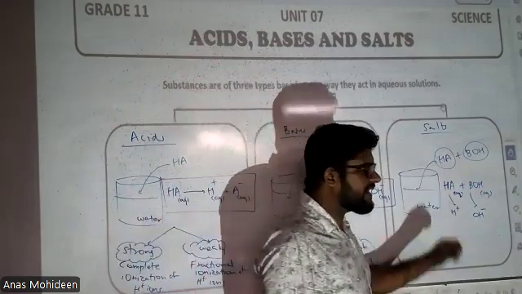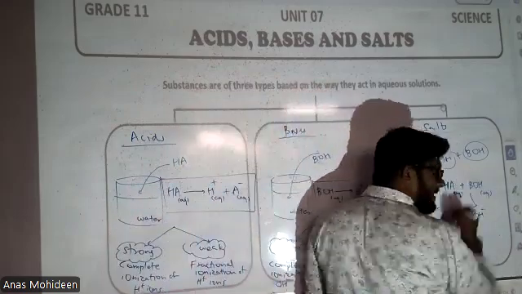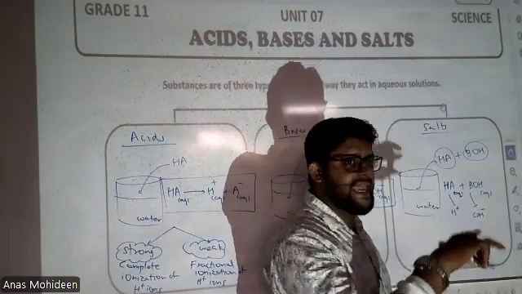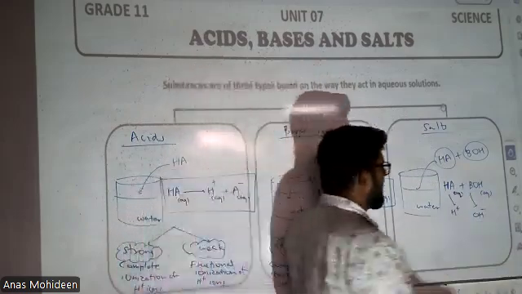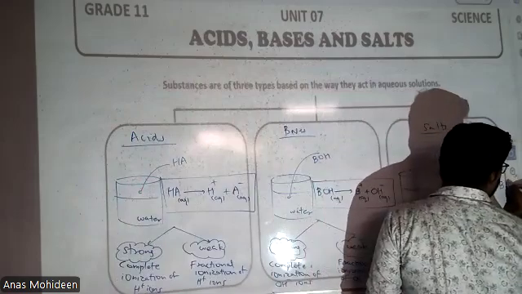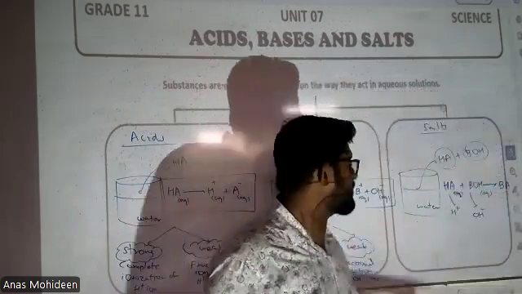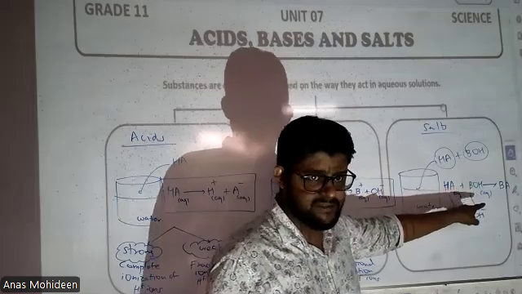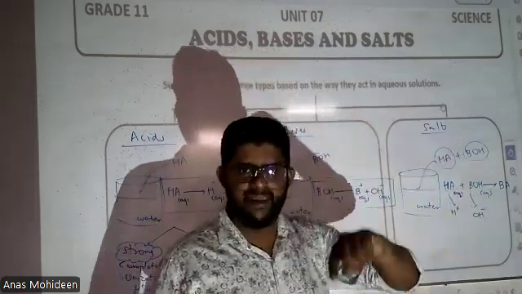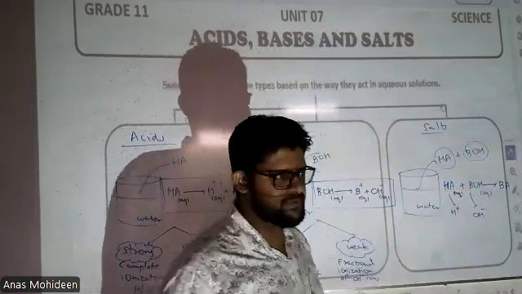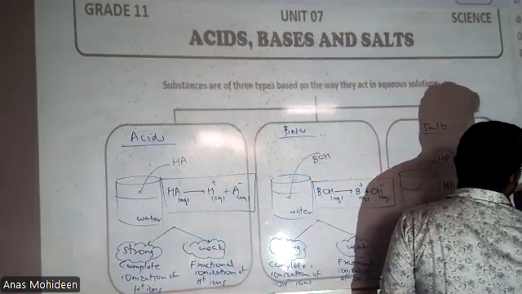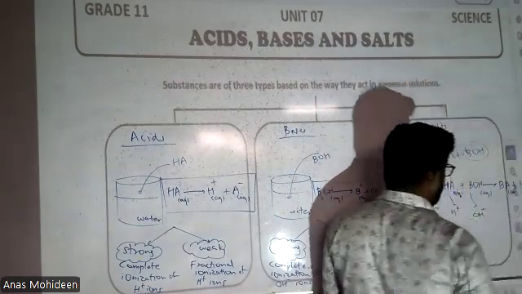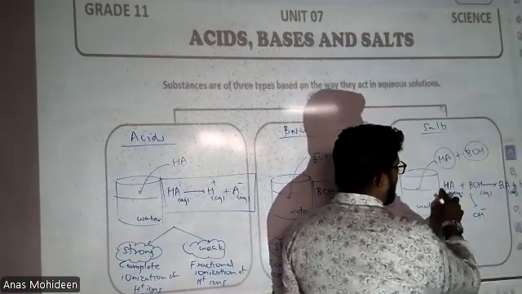Okay. And the remaining ones would be A minus and B plus. So this A minus and B plus, opposite charges, combine and form BA. Why can't I write AB? Because A is minus, B is plus. We give the cation first, right? B plus A minus forms BA. So HA plus BOH gives BA plus H2O. So can you see now what happened?